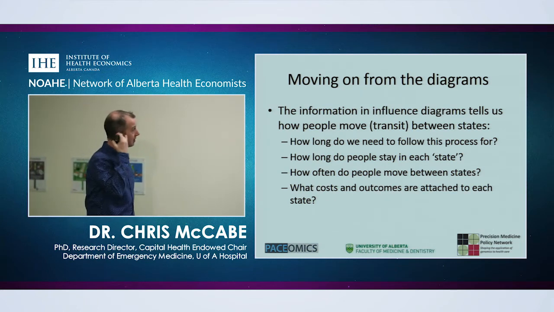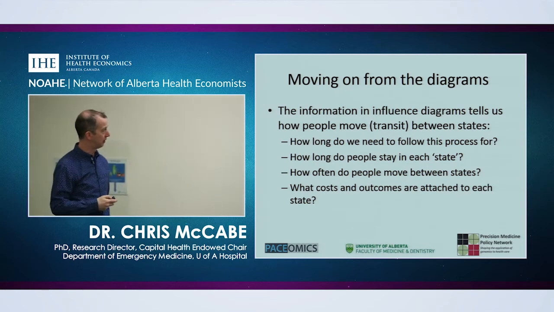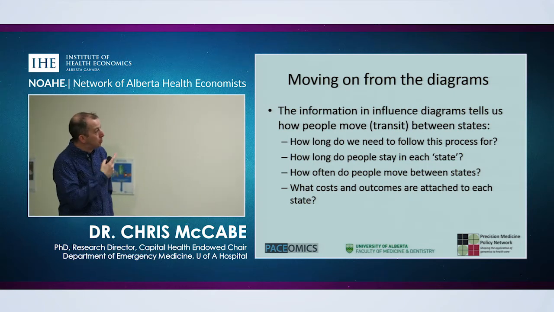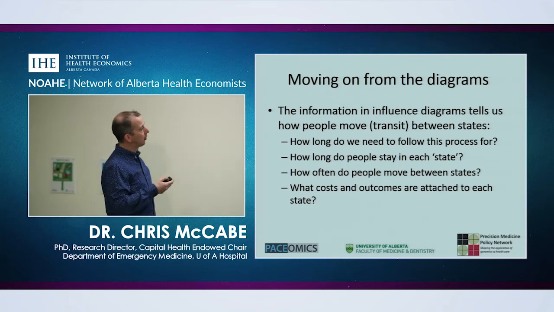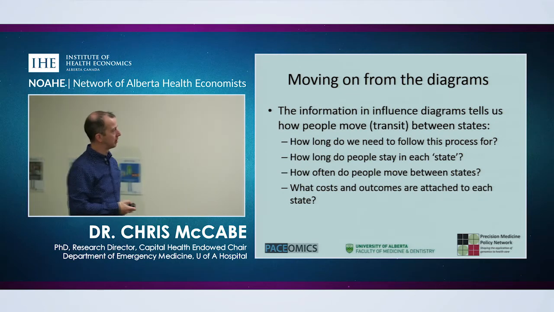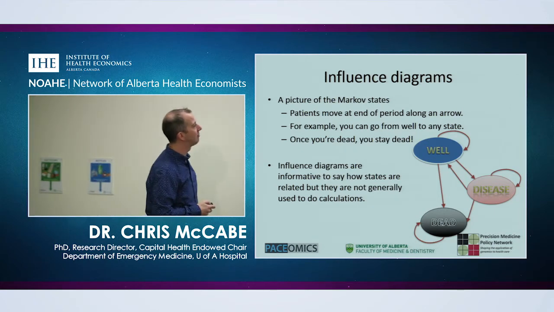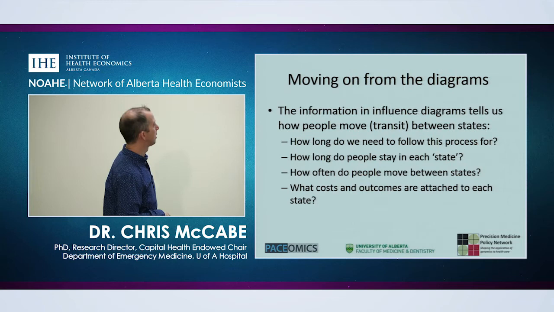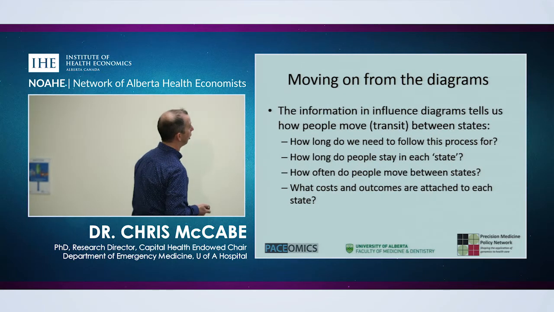We then need to decide, in consultation with the clinicians and based on the evidence about the natural history, how often people move between the states, which feeds into how long a cycle should be. And then what are the costs and outcomes associated with each state? So here we haven't identified what the costs and the value of being in each of those states are. Okay, so we then have to layer on that information to put us in a position where we can build our Markov model.